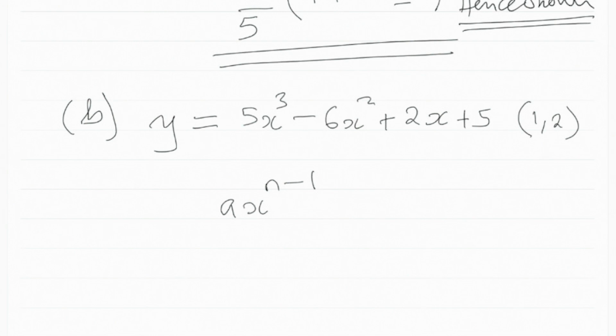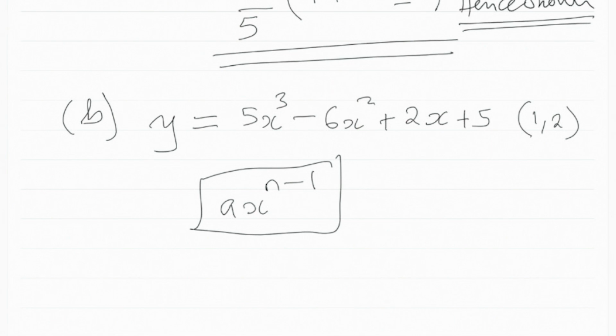When we are differentiating given functions, the power always reduces by 1. That's why you are seeing the n minus 1 appearing. It's different from integration. When you are integrating, the power is gaining, but under differentiation, we are losing a power by 1.